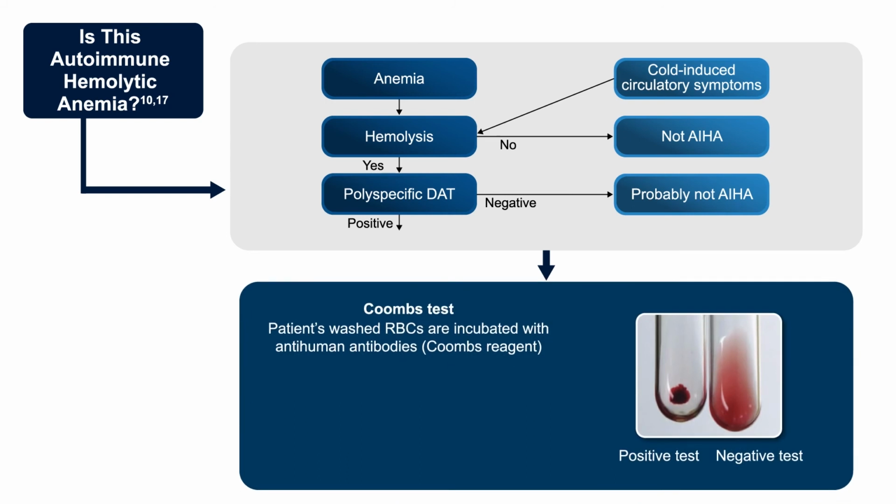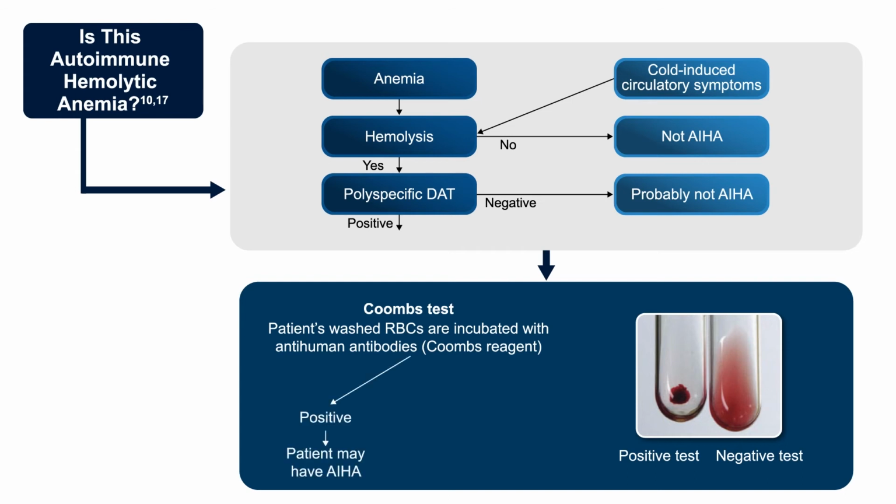The test is also called a Coombs test. The patient's red blood cells are washed and they are incubated with anti-human anti-IgG and anti-human anti-complement antibodies, which is known as a Coombs reagent.